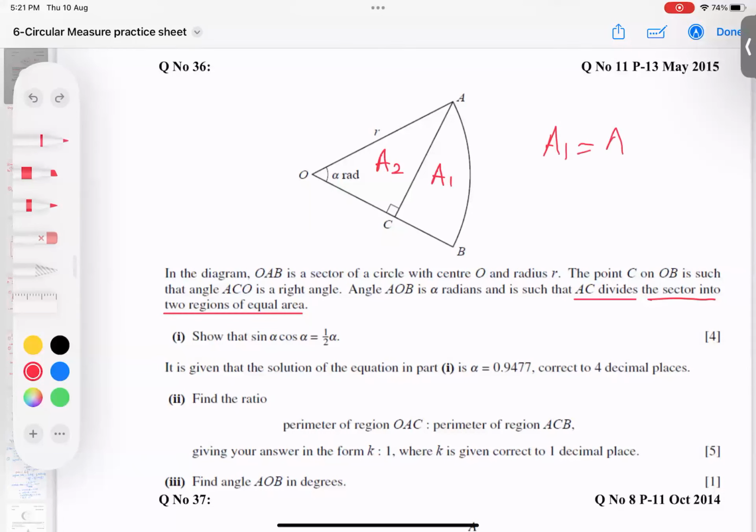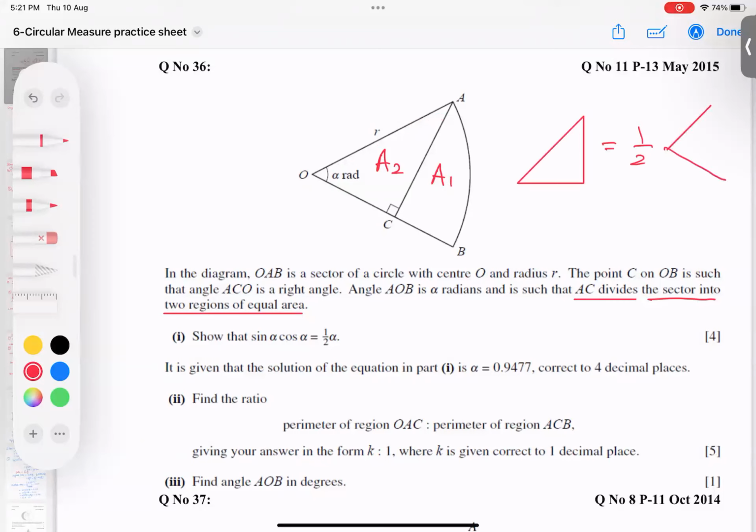Or I can say one more approach here. What is that? Can I say, students, this is a triangle area? Can I say the triangle area is actually half of the sector area?